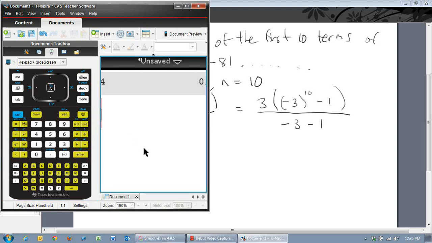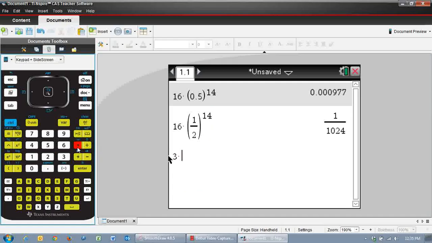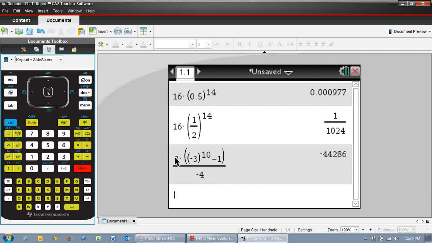So what have we got? 3 times bracket, another bracket, negative 3 to the power 10, minus 1, and that'll all be over, 3 times, that's negative 3, and negative 3 minus 1 is negative 4. Negative 4. And there's my sum there.